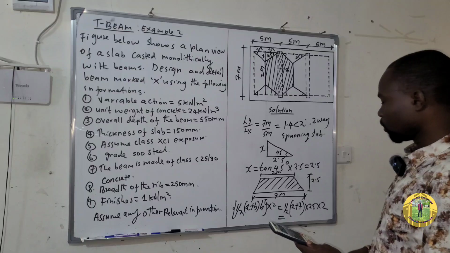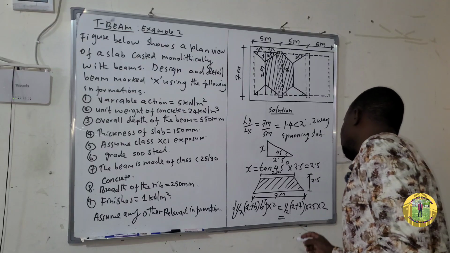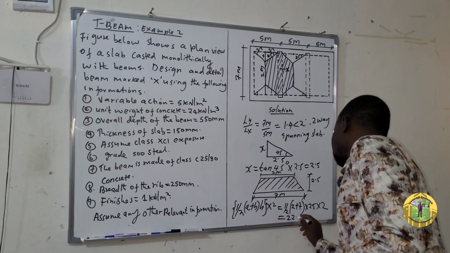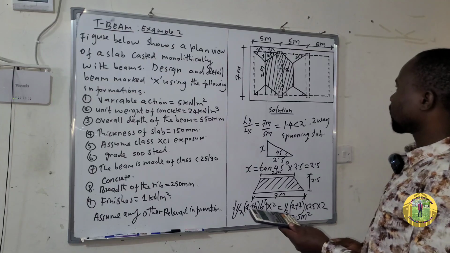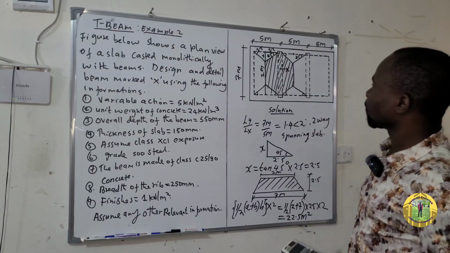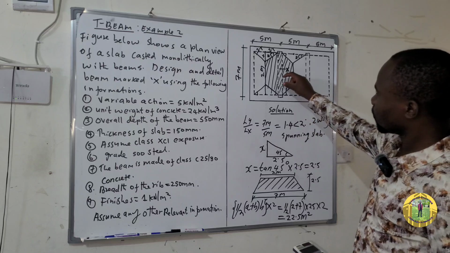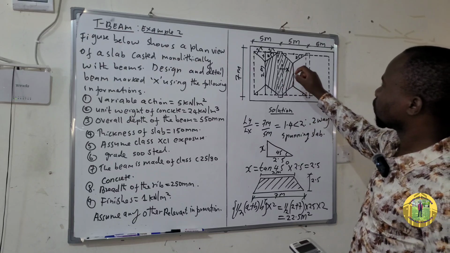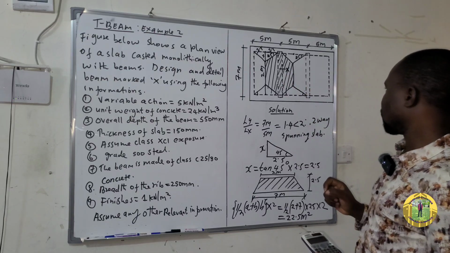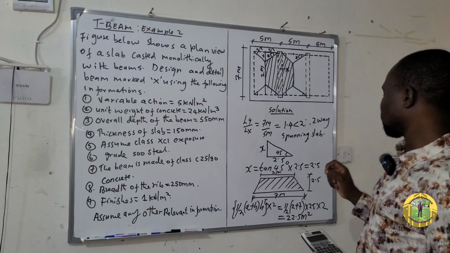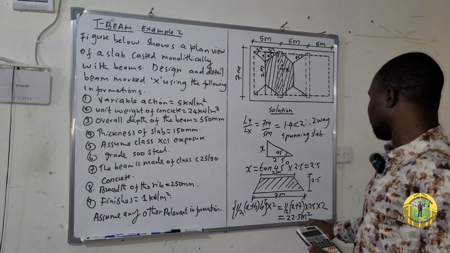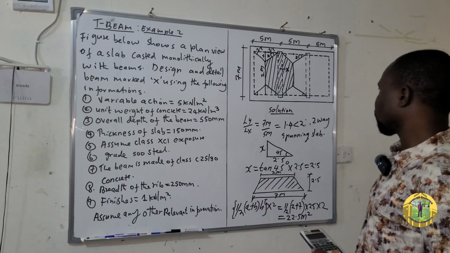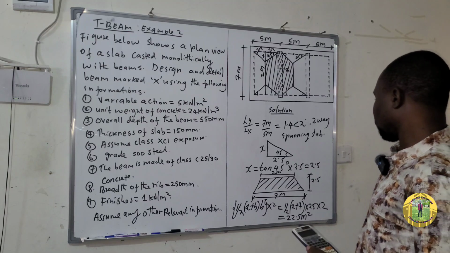So this is 22.5 meter square. So it means this beam is supporting its own weight plus the weight of this slab, which has an area of 22.5 meter square.